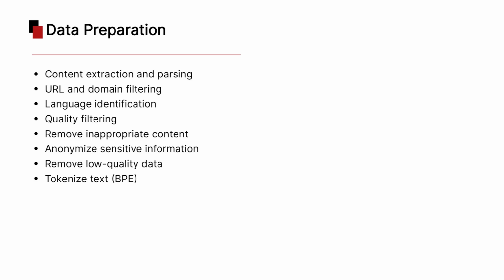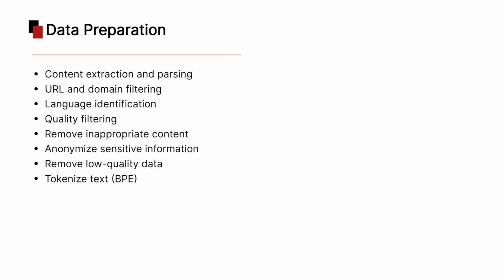Quality filtering is a crucial step to maintain the chatbot's usefulness and reputation. We remove inappropriate content, such as hate speech, adult material, or toxic language, and anonymize sensitive information like names, emails, or phone numbers to protect privacy. We also discard low-quality data, such as text with excessive typos, garbled formatting, or meaningless filler.